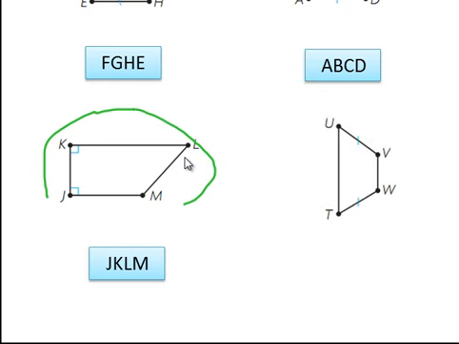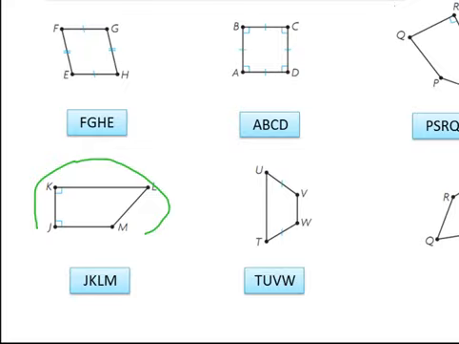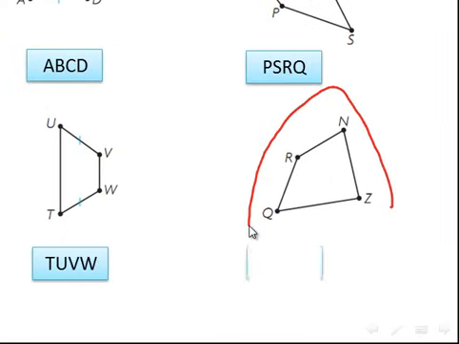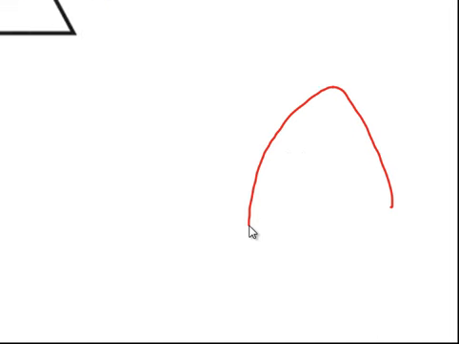Here, TUVW. Exactly. Yes, here, QRNZ or ZNQR, as you want. Try. Exactly. QRNZ or ZNQR.